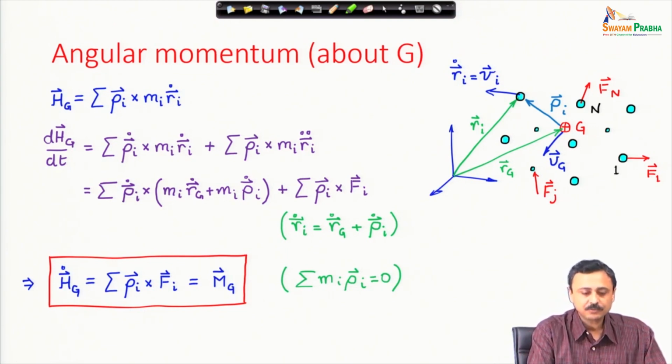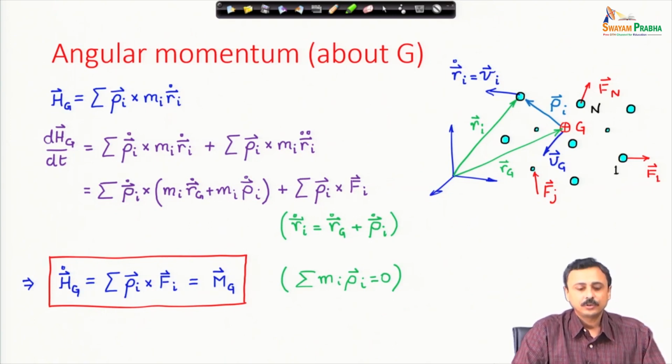And this, when simplified, gives us the rate of change of angular momentum about the center of mass is equal to the net moment of all forces about the center of mass. And this is an equation which governs the evolution of the angular momentum of the system about the center of mass.